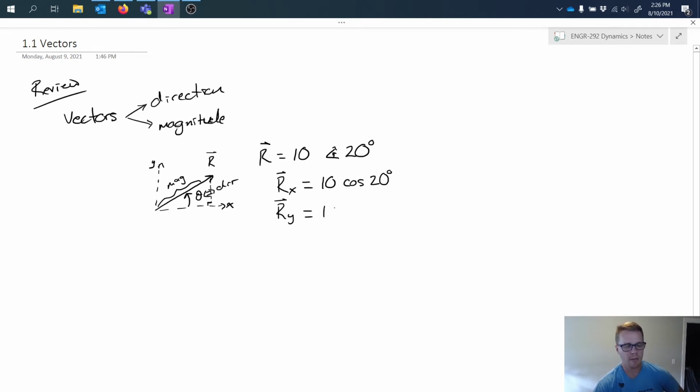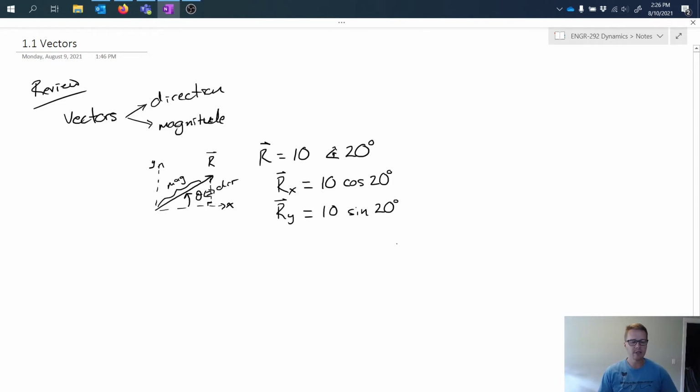And for the y component, I would do exactly the same thing, but now I'm using the sine for the y component. So that allows me to specify that vector in its x and y components, and I would know what the magnitude of those two vectors would be, rx and ry.